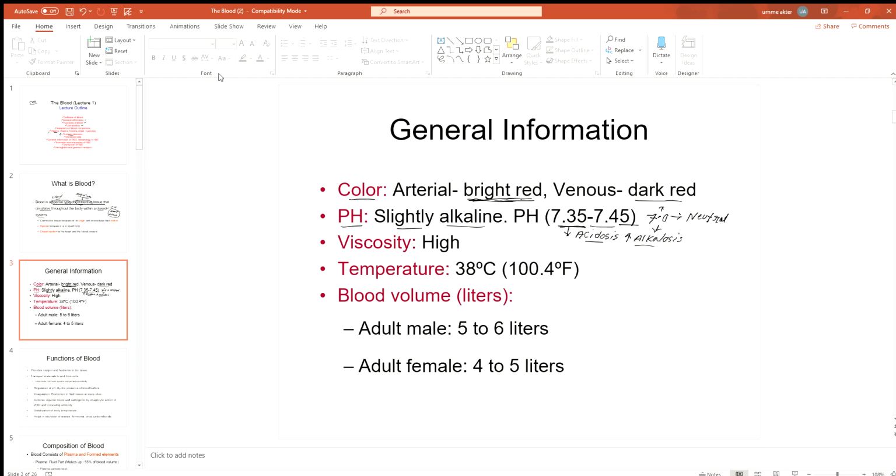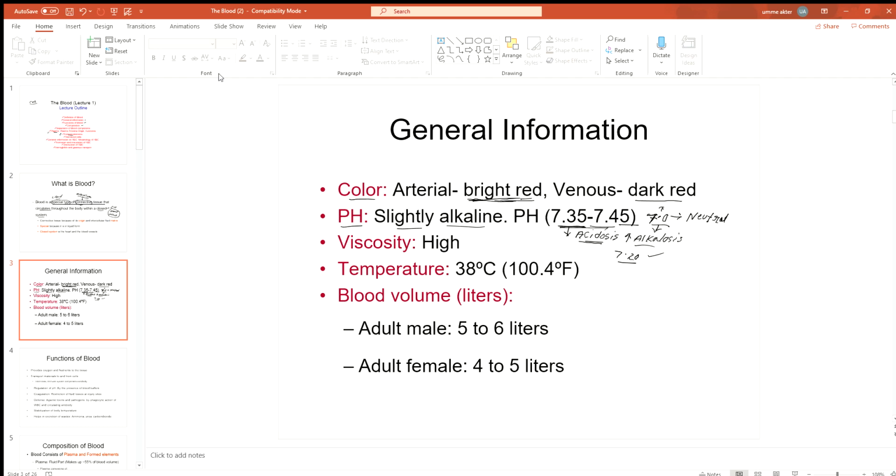You see that even if the pH goes a little bit below 7.35, it will not be an acid. It will be acidosis, the condition, but still if it is 7.20, it is not an acid, because to be an acid you need to go below 7.0. So it is safe in this way.